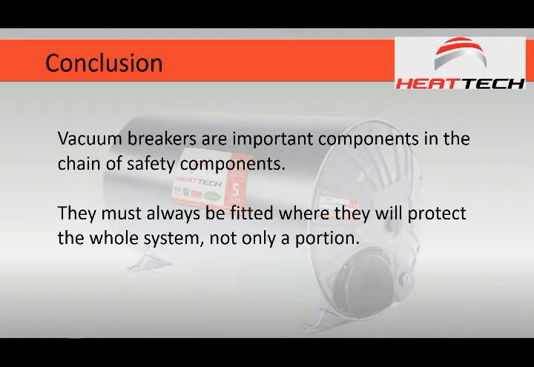Correct. Okay. So, in conclusion, vacuum breakers are important components in the chain of safety components. They must always be fitted where they will protect the whole system, not only a portion. And I think that to me remains one of the key things. The vacuum breaker is not there to protect the geyser only.